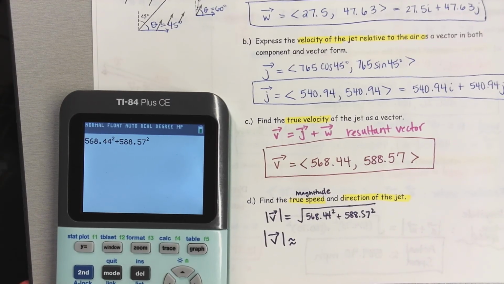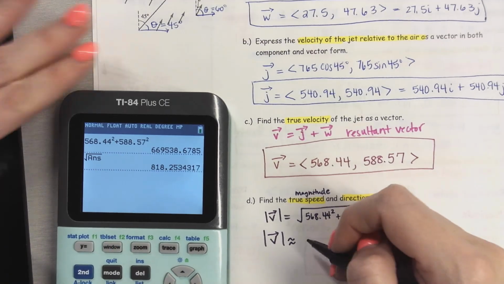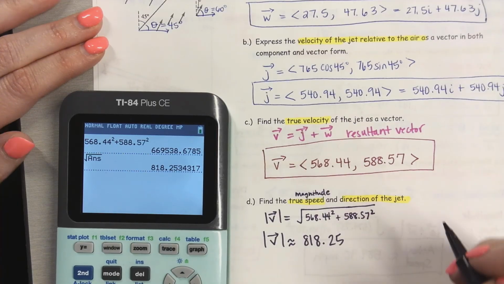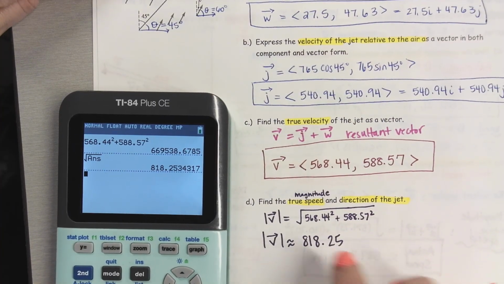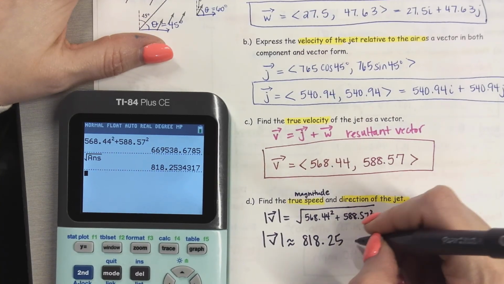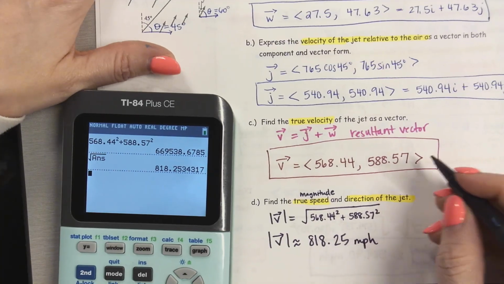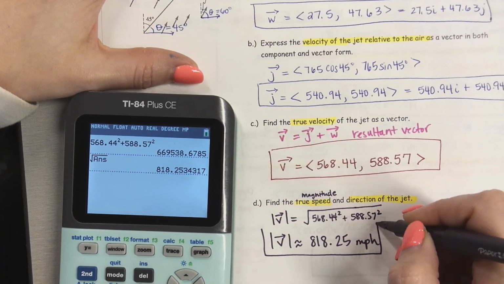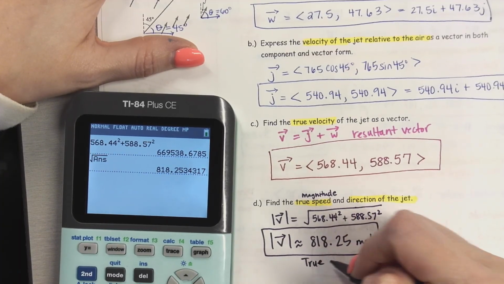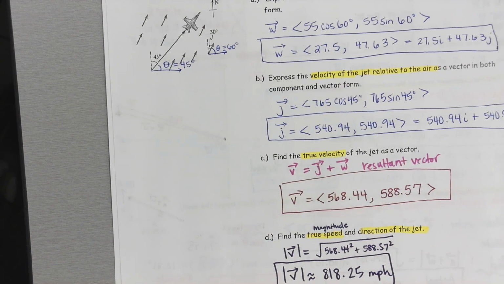I forgot to put my square root in. I'm going to square those and then square root my solution. So 818.25. If the speed is 765, but the true speed is 818, that wind is helping push you along, right? Sometimes you're on a plane and you arrive earlier than scheduled. Got that wind helping you along. Okay, that's your true speed.